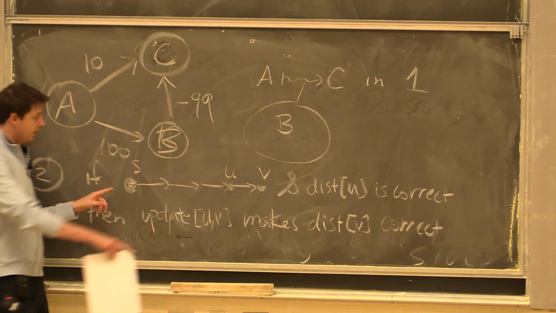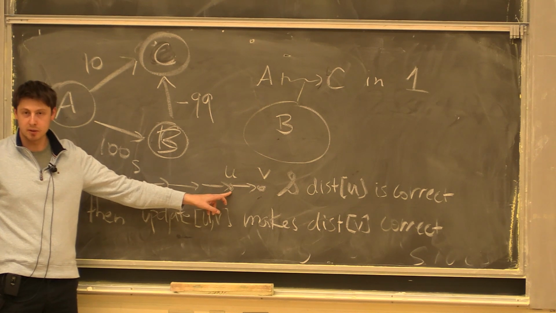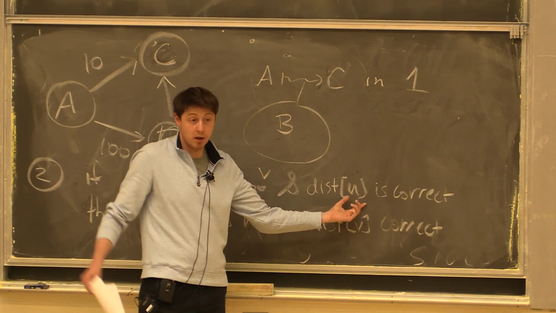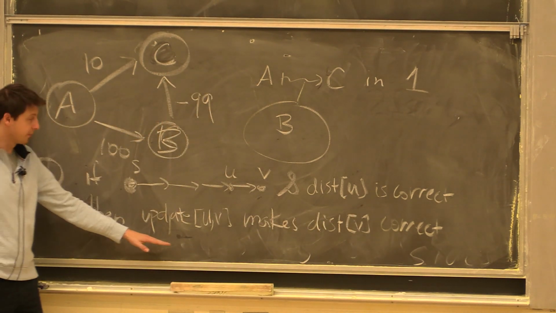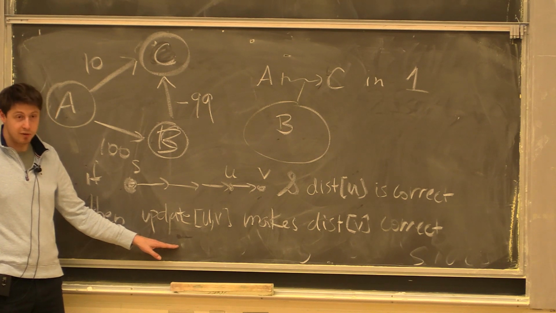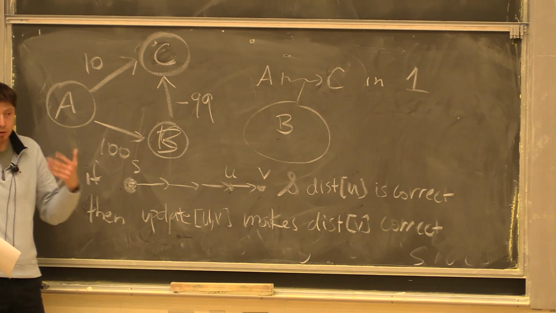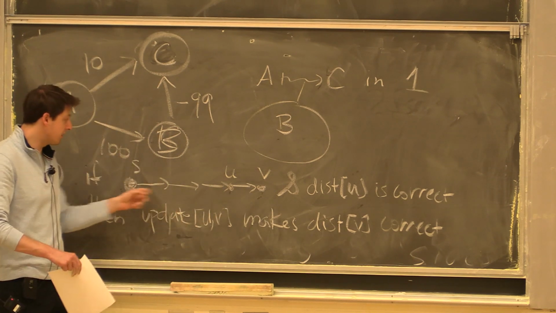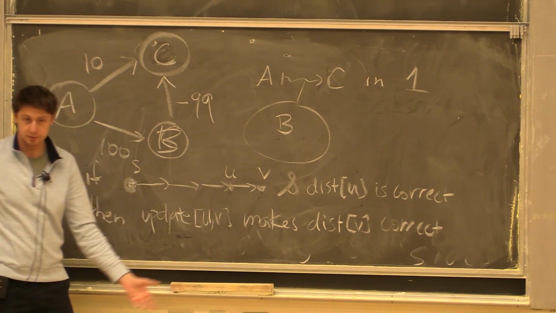So this picture means U is the second to last vertex on the shortest path from S to V. And moreover, the second condition says, for whatever reason, the estimate for U is already correct. Then, conclusion, if you run update on the edge UV, after the update, the estimate for V is correct. Again, this is almost a tautology, because what is the correct answer for V? Because this is the shortest path, it is this length plus this one. That's exactly what update UV will do. Okay?